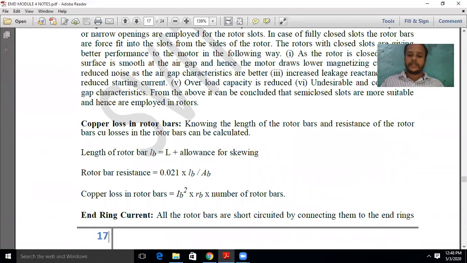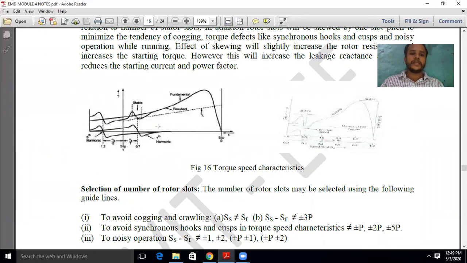Whatever the SS and SR are, SS should be more and SR should be less. This is the number of stator slots and number of rotor slots. This is the condition we need to take. Otherwise, SS minus SR should not be equal to plus or minus 3P.